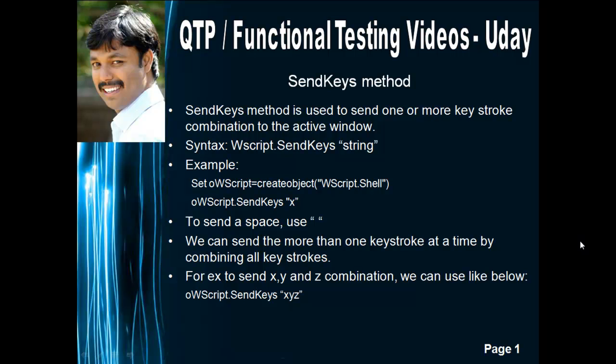So for that, you can use the set method of that web edit, and after clicking on the tab button the next control will be enabled. In order to do that, you have to enter the tab button, right? To do that, you have to use the SendKeys method.